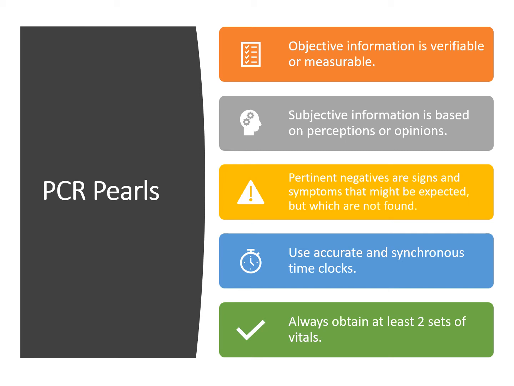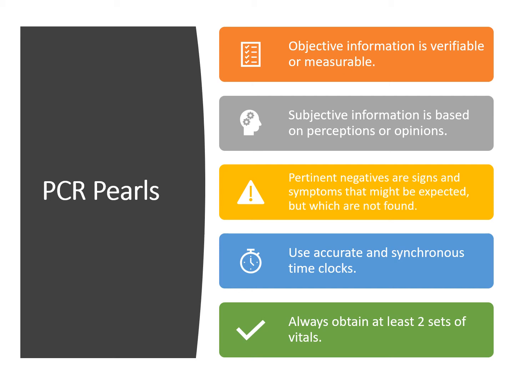Now, pertinent negatives. Pertinent negatives are signs and symptoms that might be expected but are not found. This is important because, based on certain complaints, I should see certain signs and symptoms. A good example, and you will learn as we go through this course when we talk about different diseases and disease processes, is that a lot of these things go hand in hand, like a patient with cardiac-related chest pain.